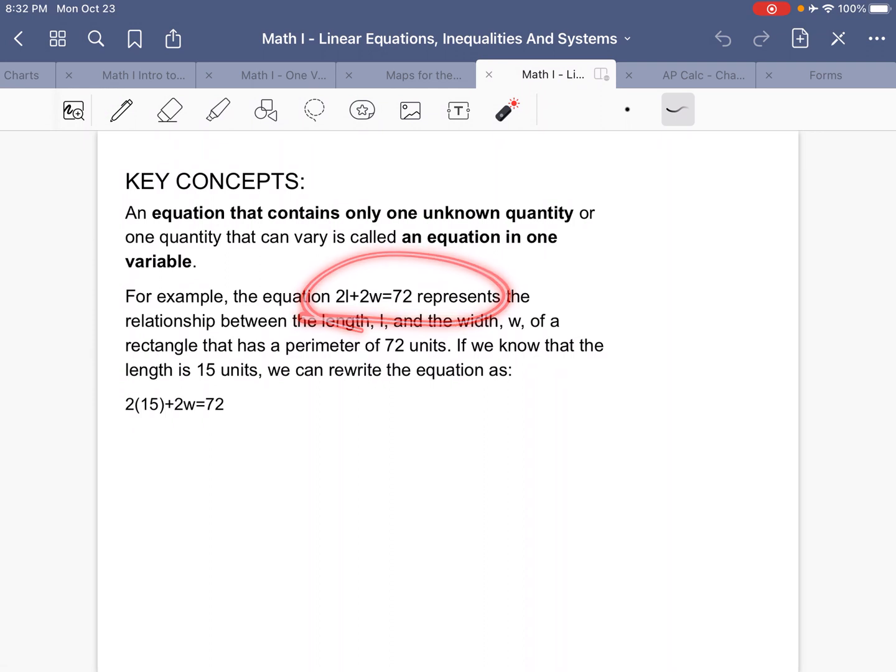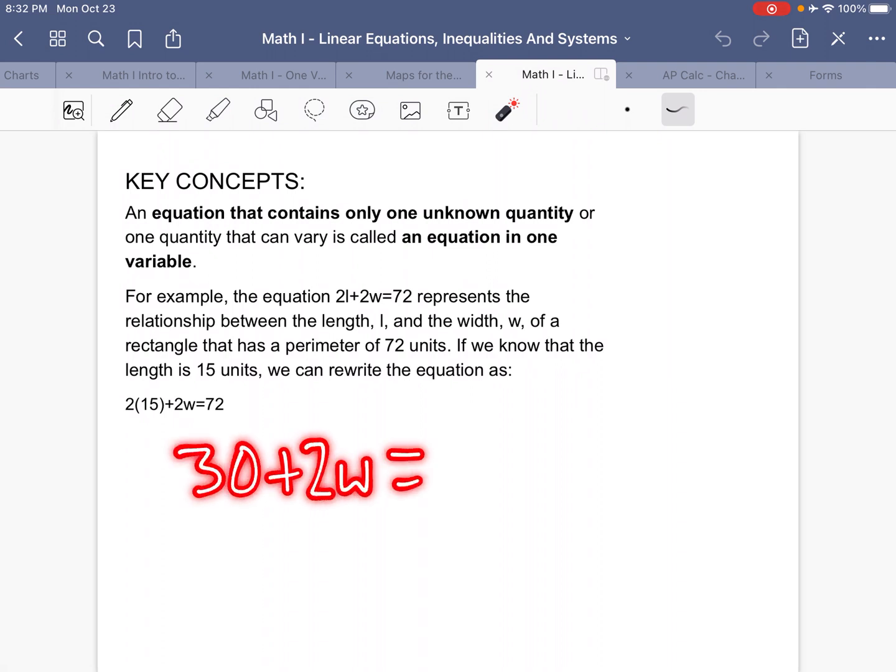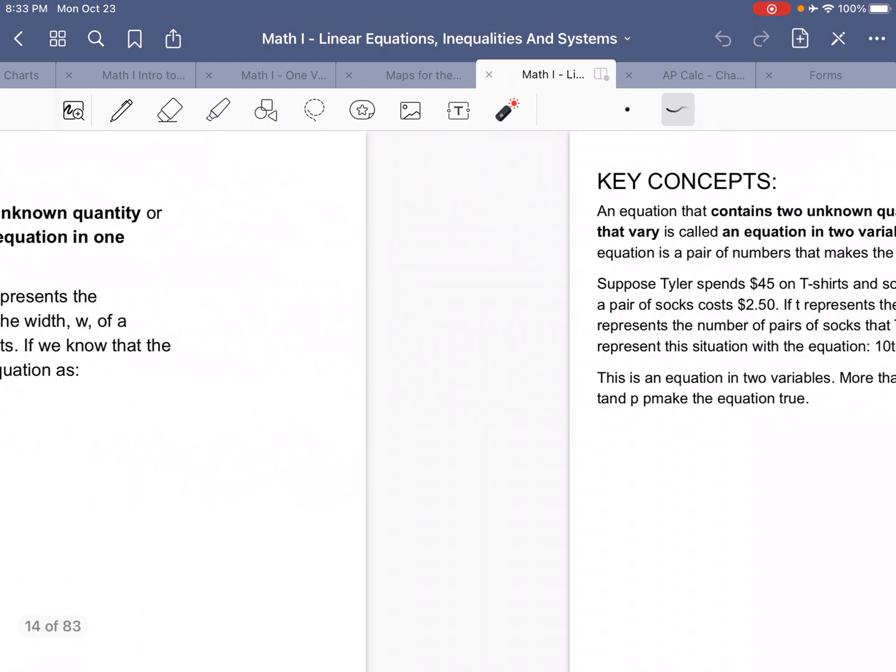This actually has two variables, but if we know that the length is 15 units, we can rewrite the equation as 2 times 15 plus 2w equals 72, or simplifying, 2 times 15 is 30, and 30 plus 2w makes 72. That's an equation in one variable.